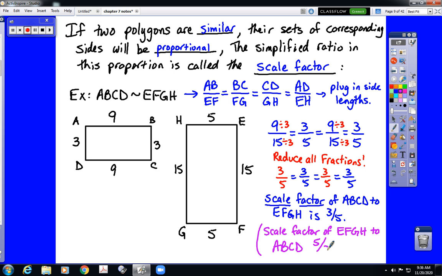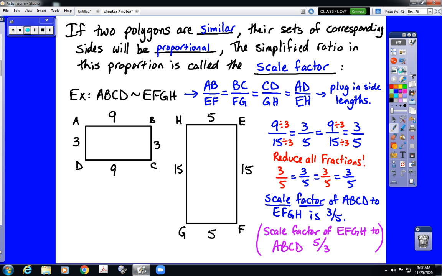So the scale factor of EFGH to ABCD would be 5:3. So it is important that you watch your wording. Generally speaking, when we say scale factor, we go back to the similarity statement. Since ABCD came first in the similarity statement, its side lengths go on top in the proportion, which means that the scale factor would be 3:5. Okay?